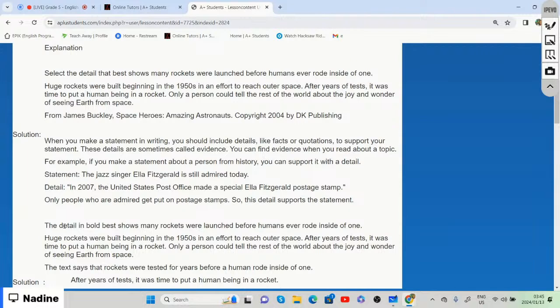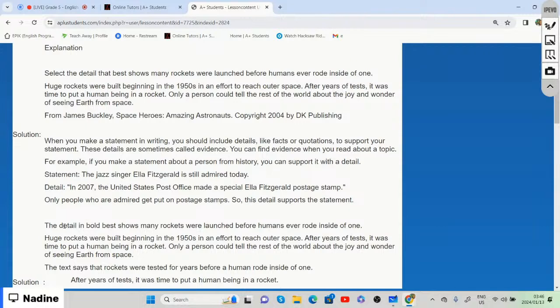So the details and quotations that you find, like facts and quotations, we call these evidence. You can find evidence when you read about the topic. For example, if you make a statement about a person from history, you can support it with a detail. For example, statement: the jazz singer Ella Fitzgerald is still admired today.